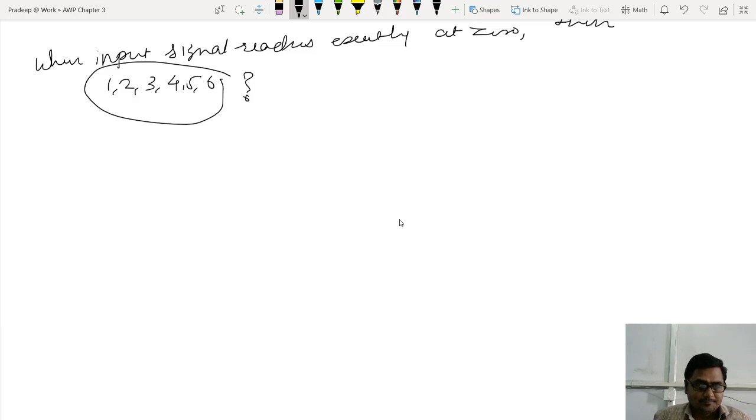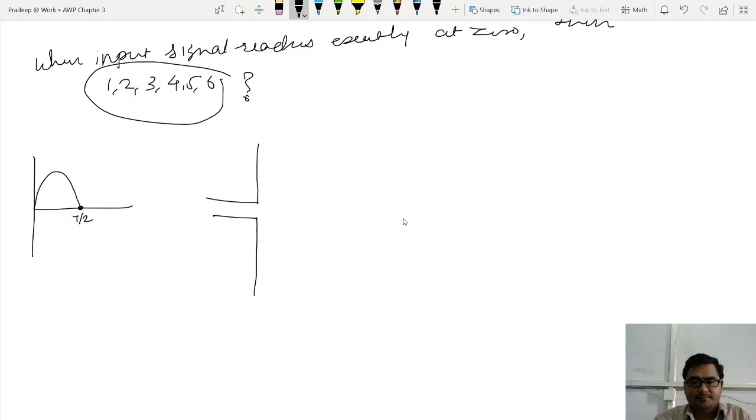Let me draw it here. Okay, and for that again I have to draw a dipole, and here it is. And here the input voltage now goes to maximum and now it goes to 0 at this point I'm talking about, is it? At exactly T by 2. Now here what will happen?